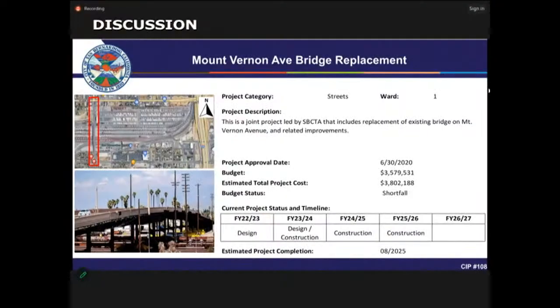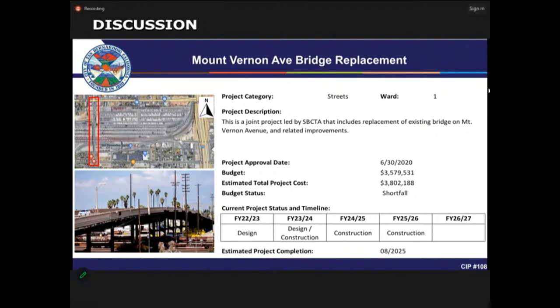SBCTA last week. As you're aware, the project is in progress. It's currently in design, and construction is in planning. We have about $3.6 million in the budget, and the total project cost at this point is 3.8 million. We've also gotten information from SBCTA that they anticipate a fair amount of budget shortfall.